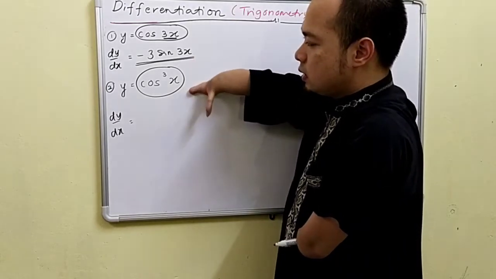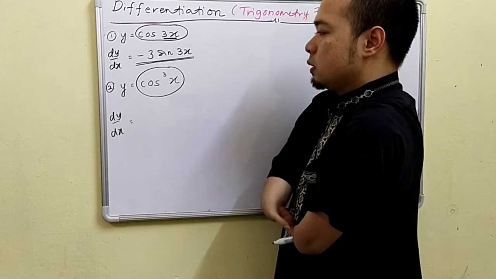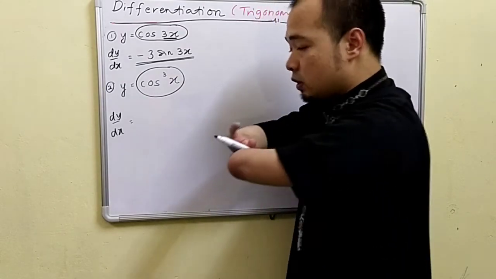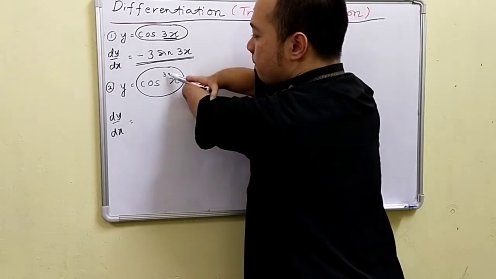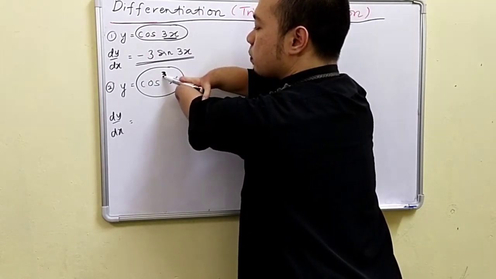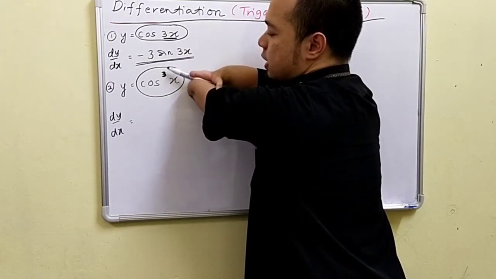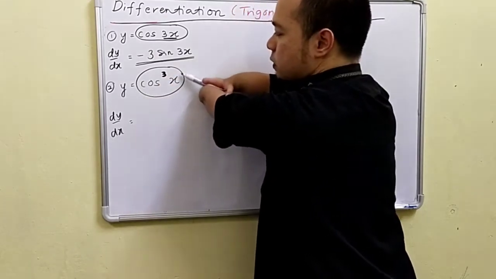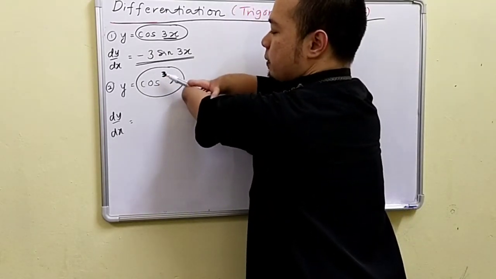But for this case, what is the outside? The outside right now is not the function of cos, but the power. This power will represent the outside thing. So what does it mean by that?